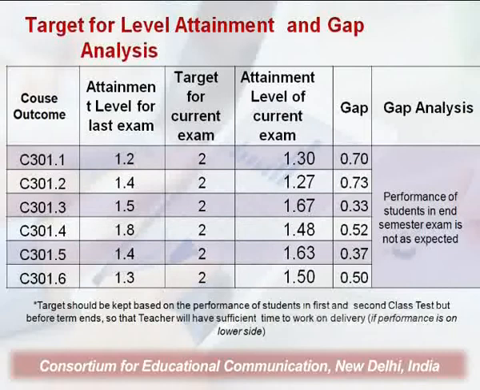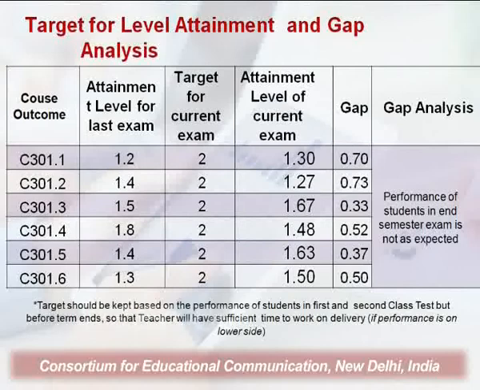Similarly, 1.4 for course outcome 2, the current target for all the exams is 2, and the gap is different. The differences between attainment level and the target levels are 0.70 for 1, 0.73 for 2, 0.33 for 3, 0.52 for 4, 0.37 for 5 and 0.50 for 6.